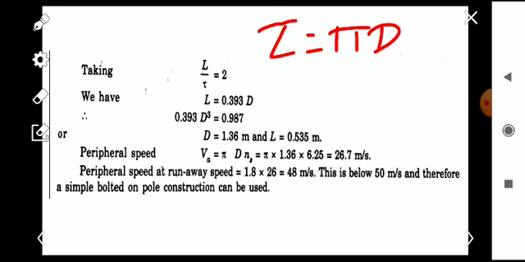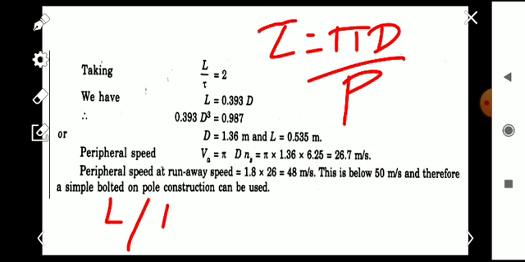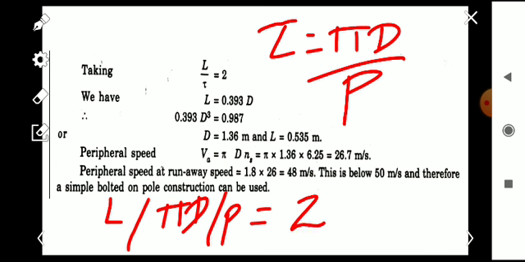We know tau, the pole pitch, is represented as pi d by p, so L by pi d by p is equal to 2, and the number of poles we know.